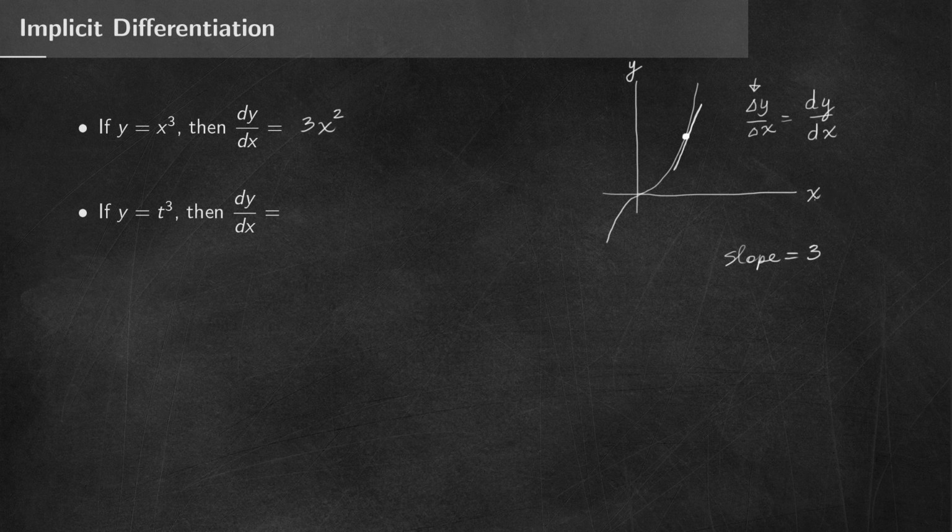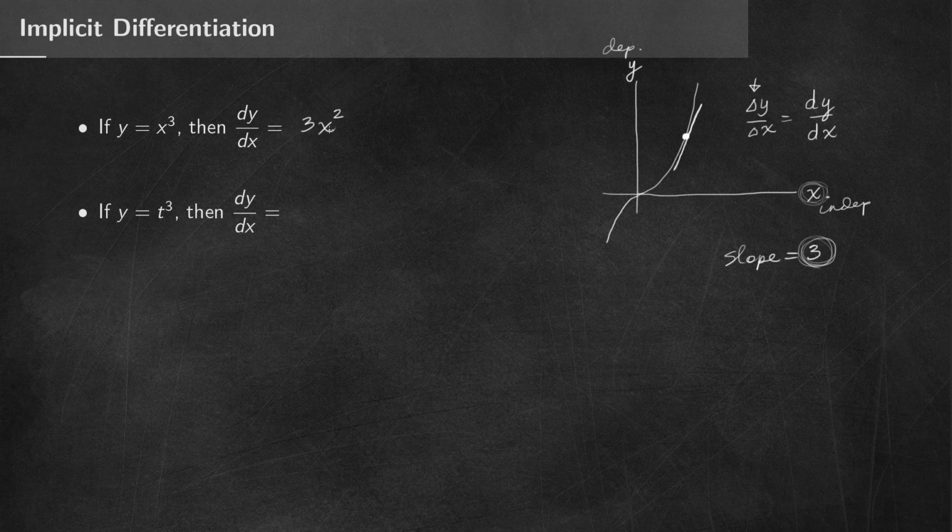So we can think of our slope as the change in our dependent variable per unit increase in our independent variable. So here's my dependent variable here. Here's my independent variable here. And once I figure out a numerical value of a slope, that's going to be the change in my dependent variable per unit change in my independent variable. Okay, so going back to our example, if y equals x cubed, dy dx equals 3x squared.